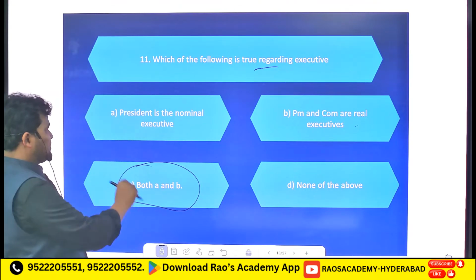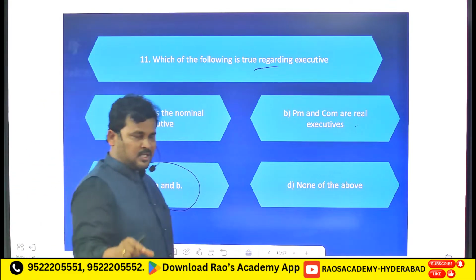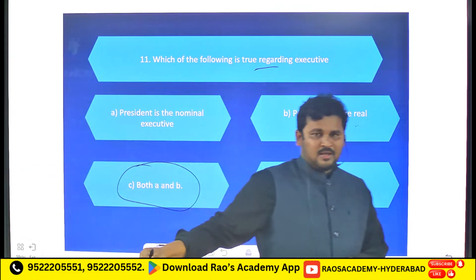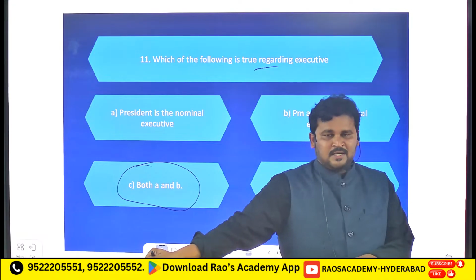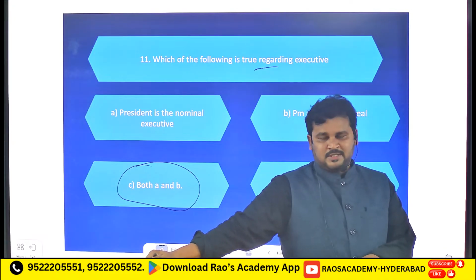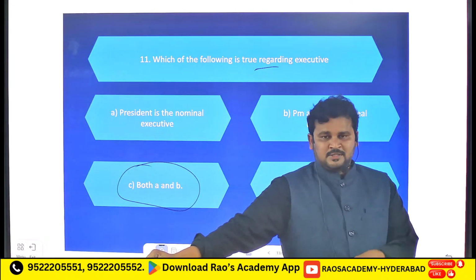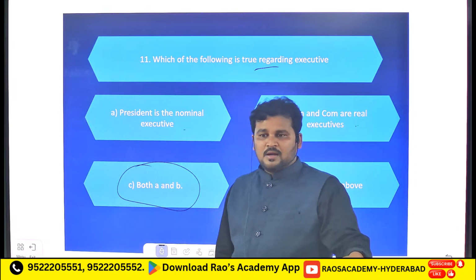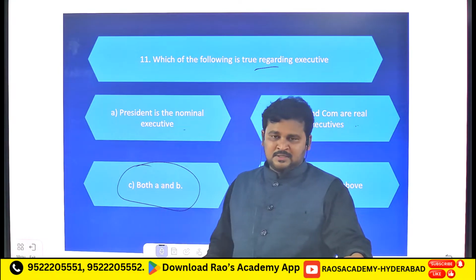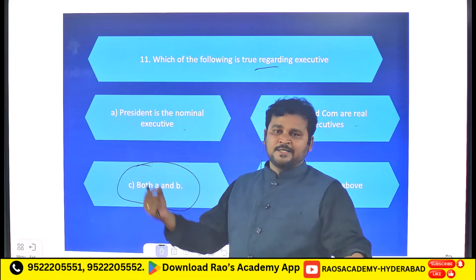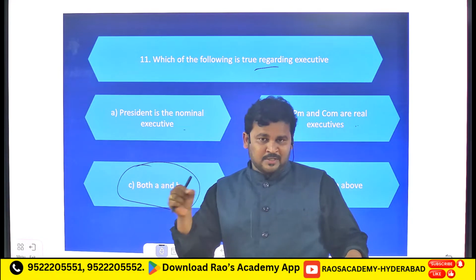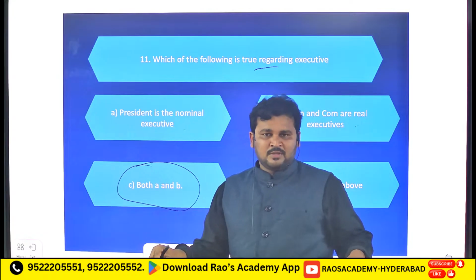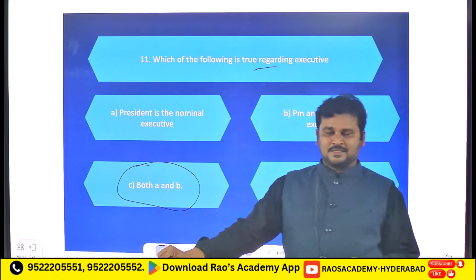So the president is the nominal executive, of course, because we can call the president the head of the state. He is just acting as a nominal person. But the proper decision making authority lies with the Prime Minister of India along with the Council of Ministers. Clear?